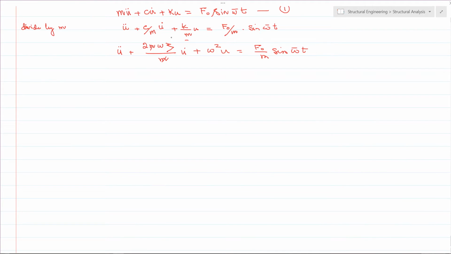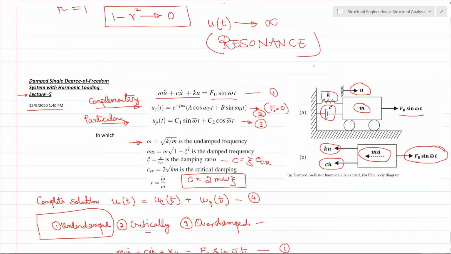Now I can rewrite this equation: u double dot plus 2 times omega into xc into u dot plus omega square into u, that will be equals to f naught over m sine omega bar t. So this is our equation number 5.